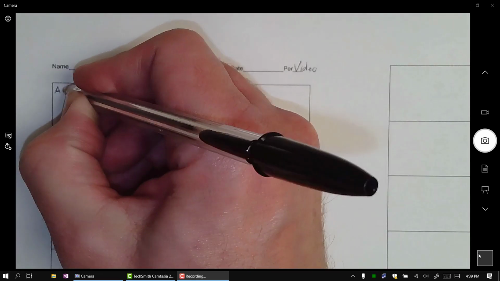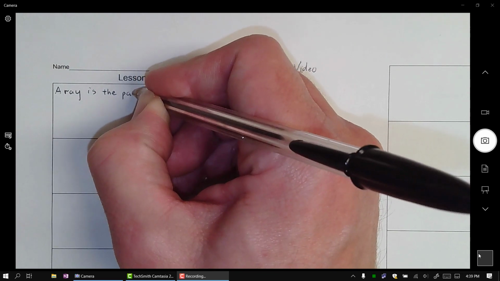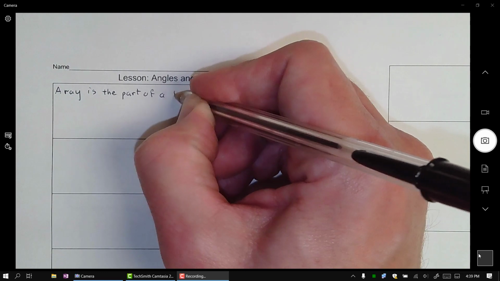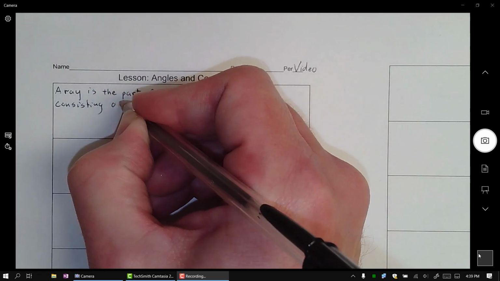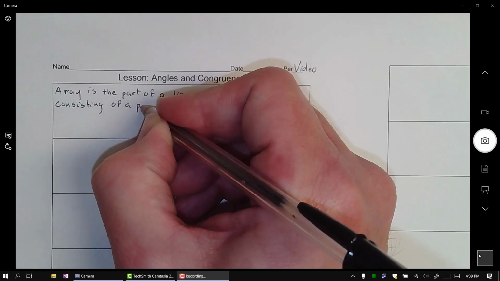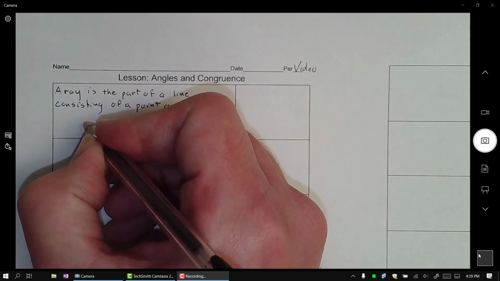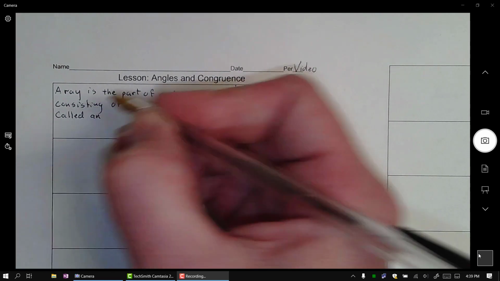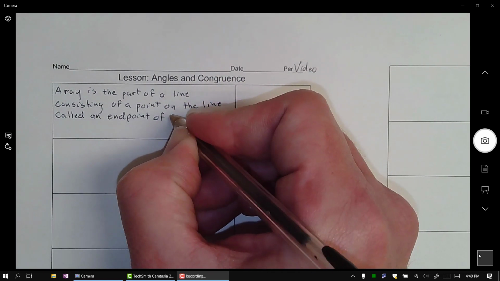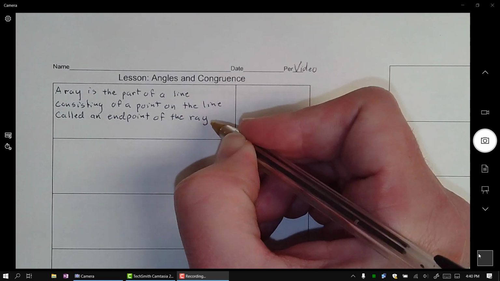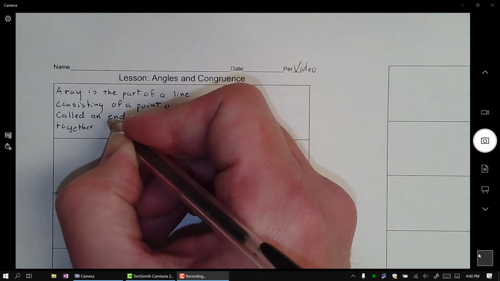So a ray is the part of a line consisting of a point on the line called an endpoint of the ray together with all the collinear points.